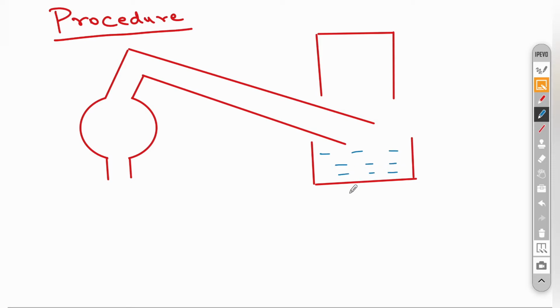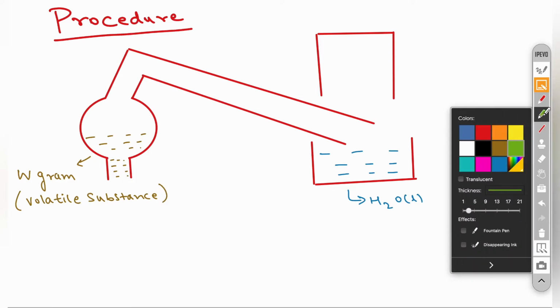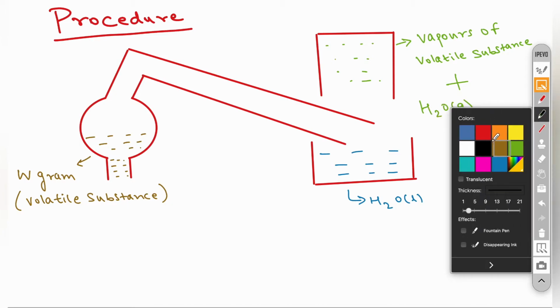We will put some water in this container in liquid form, H2O liquid. Here in this equipment there will be W gram of volatile substance, which vaporizes easily at room temperature. Also here vapors of the volatile substance will be collected along with water vapor, so we'll write plus H2O in gaseous form.